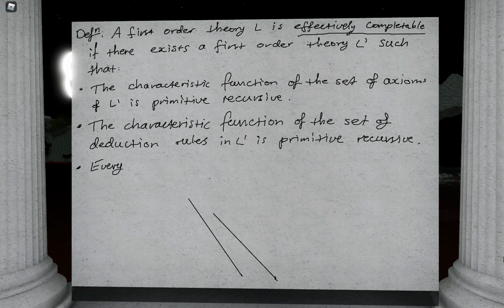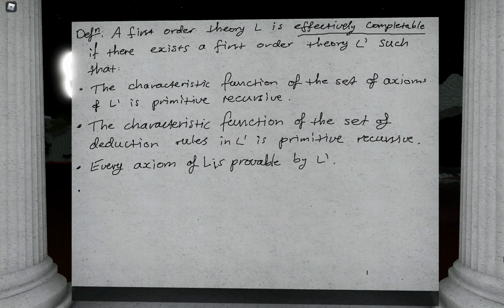Yeah, that makes sense. Okay, so I've written down the two dot points corresponding to the computability aspect of it. And now we just want to write down that L prime is an extension of L. So every axiom of L is provable in L prime. And then lastly, L prime is complete.